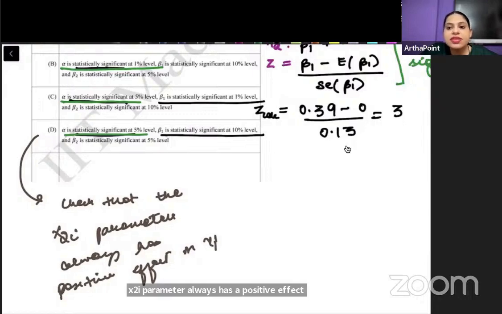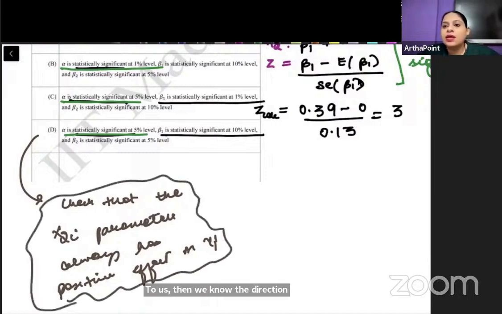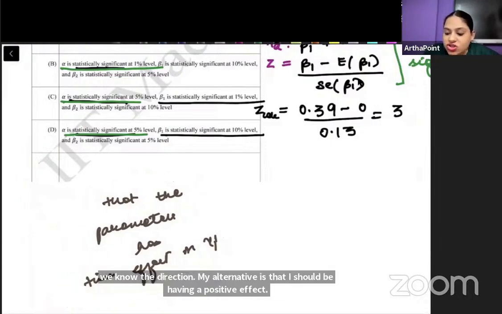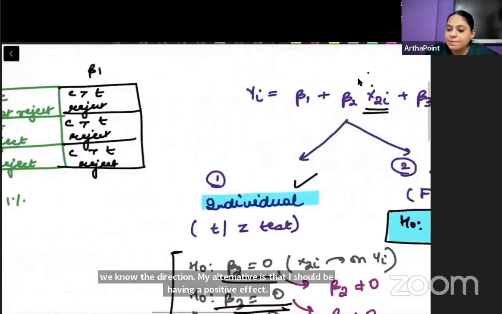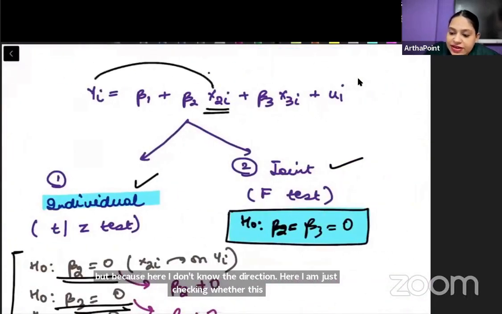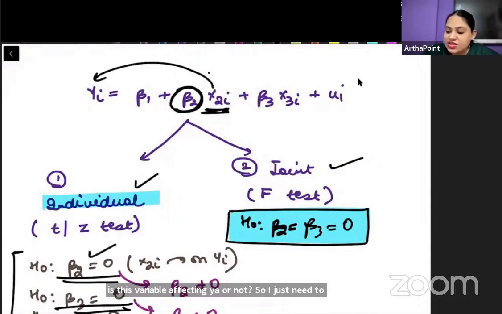In that case, we know the direction, so my alternative is that I should be having a positive effect, right? But because here I don't know the direction, I am just checking whether this variable is affecting yi or not. So I just need to check whether the corresponding coefficient is 0 or non-zero. I just have to check the significance here, and that is what we are doing in this case, right?